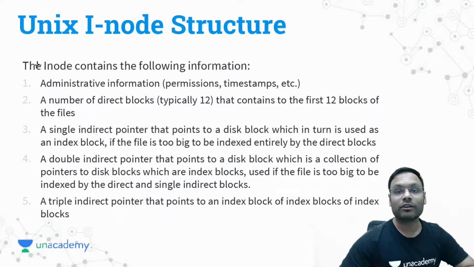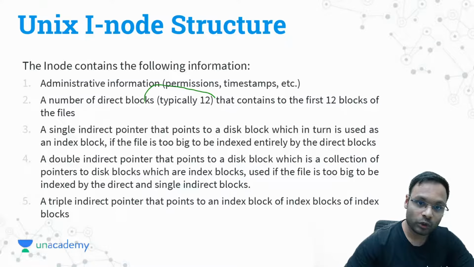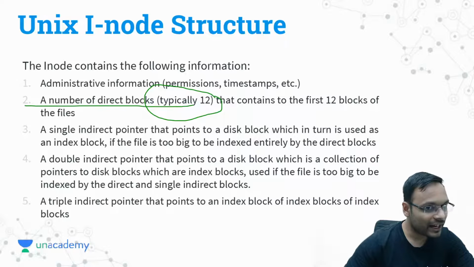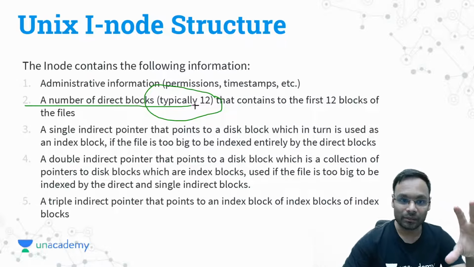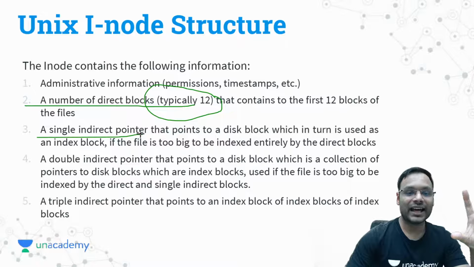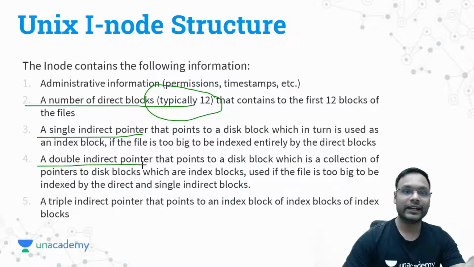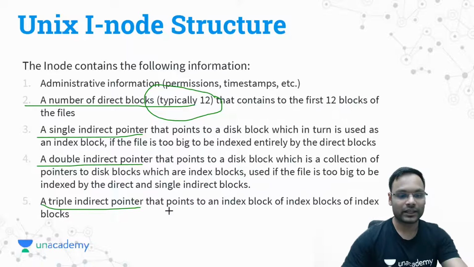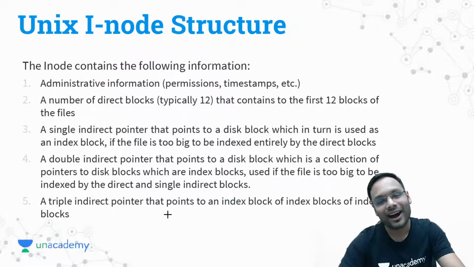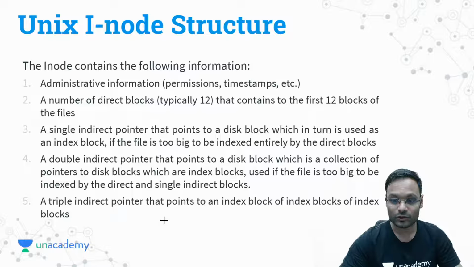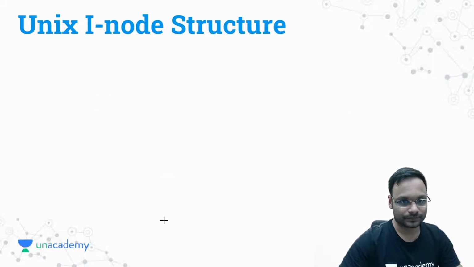So it depends on the file. If the file can be stored on only 12 blocks, then only direct block numbering will help. If not, then a single indirect pointer will be needed. If that is also not enough, then a double indirect pointer is needed. If that is also not enough, then a triple pointer. A file will not be bigger than that. It's too big, too big.